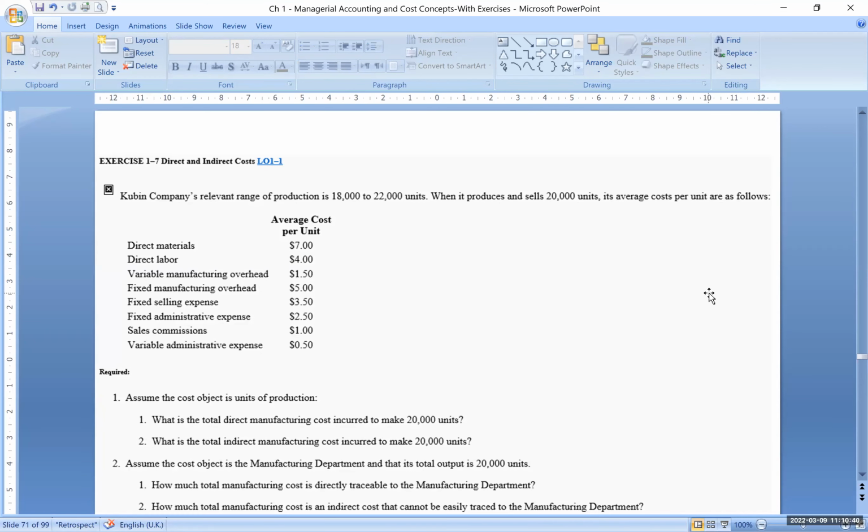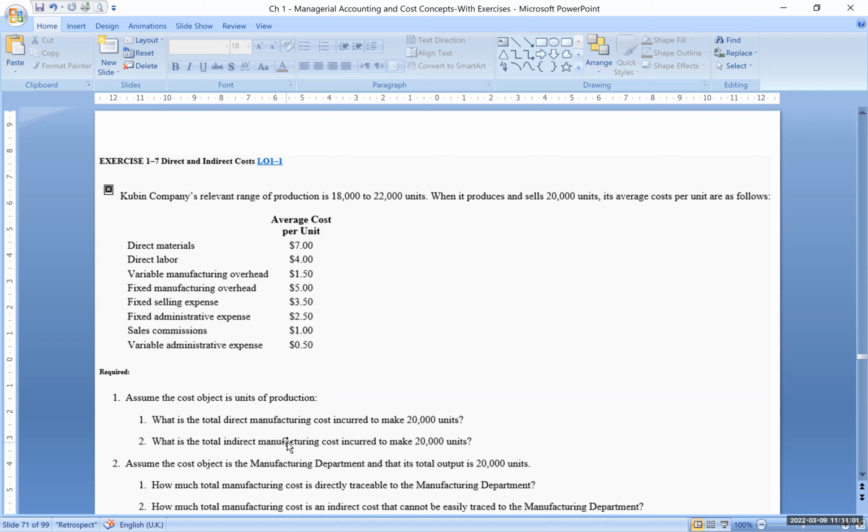Number 1, 2, or 1B, what is the total indirect manufacturing costs incurred to make the 20,000 units? Now, we are talking about manufacturing, not non-manufacturing. So we have to consider the word manufacturing first, and we have to choose the indirect manufacturing costs.